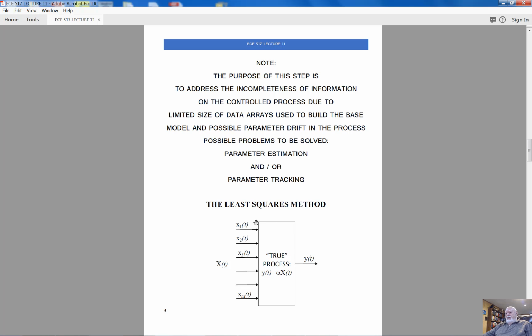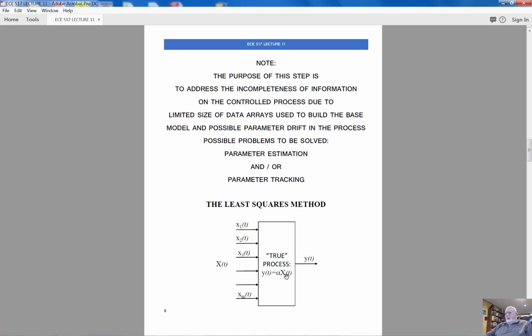First of all, I want to tell you that there is a true process. If we would look into the mathematical description of the true process, probably known only to God Almighty, we would say that the output of the process is defined in this particular linear situation as some vector of parameters multiplied by the vector of input variables.